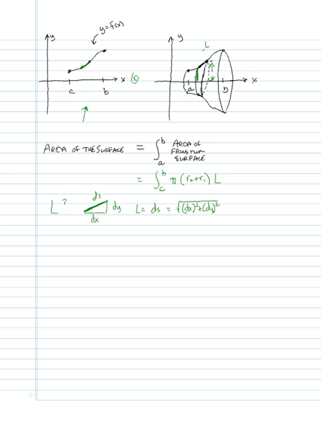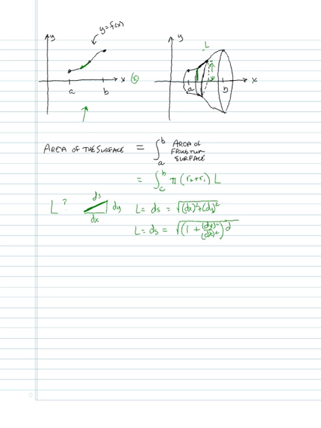Now, we saw previously the way we would do this is that L, or ds, what did we do before? Oh, we actually factored out a dx squared from underneath the radical. So when we factor out a dx squared, we have 1 in the first position, but we ended up with dy squared over dx squared.